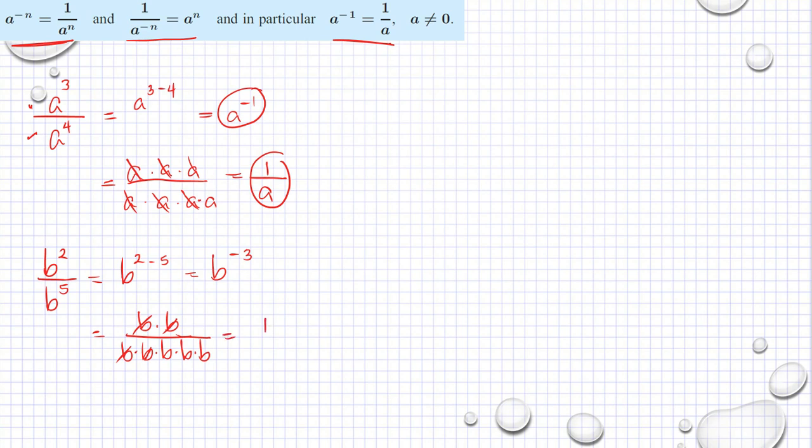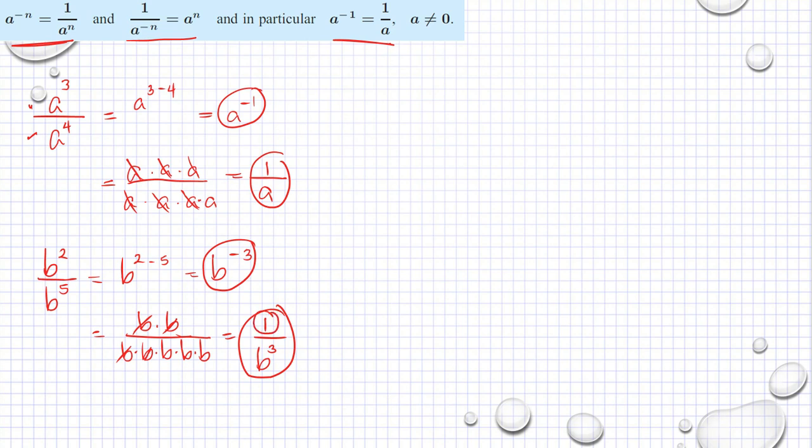Then we have 1 divided by b raised to 3. So b raised to negative 3 is equal to 1 divided by b raised to 3. Remember that. I usually say that you can kick the b raised to negative 3 under, and then it will become positive. But remember to write the numerator as 1.